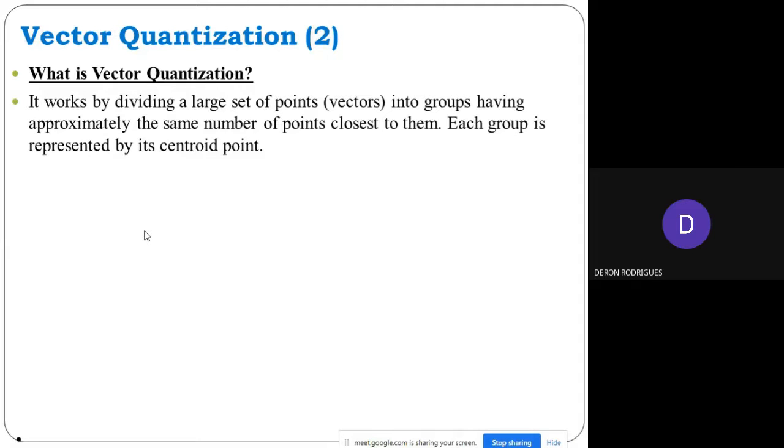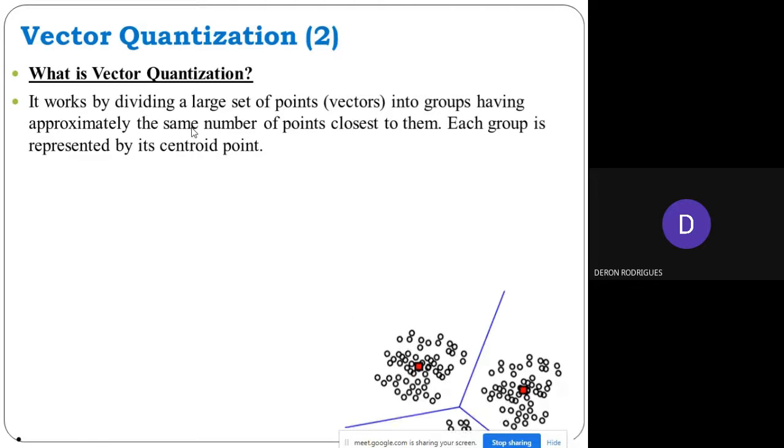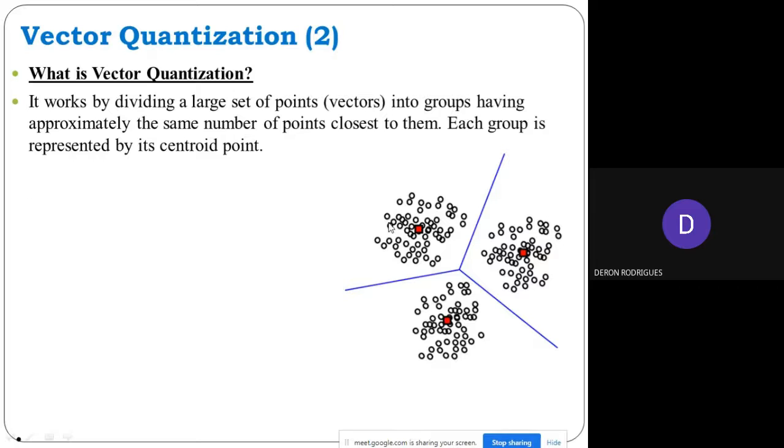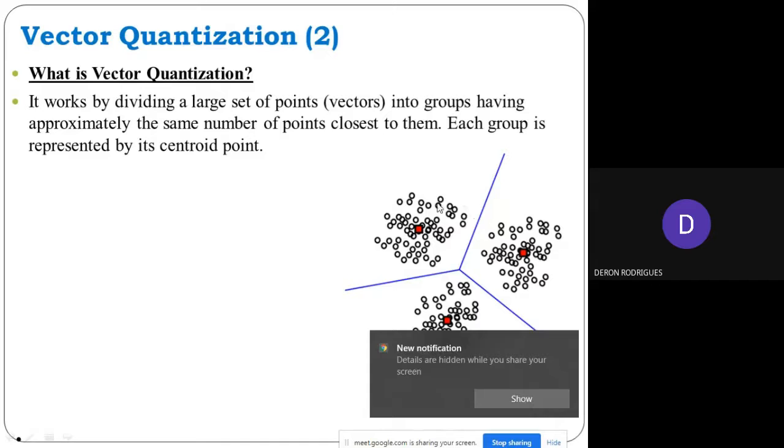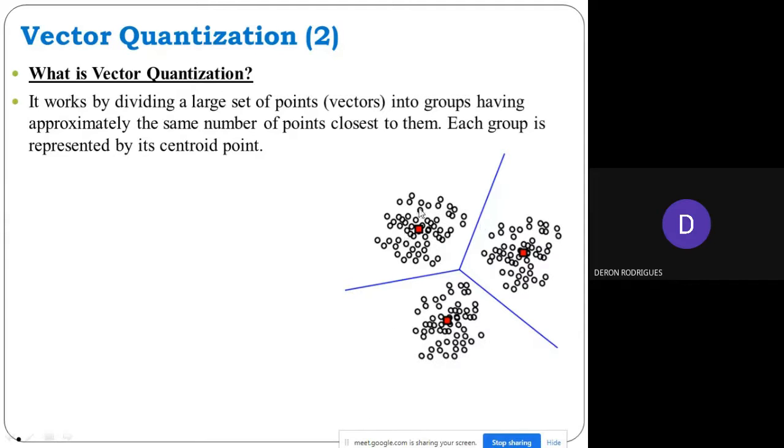So what will be done here is that the vectors in the pattern space will be grouped, approximately, into groups having the same number of points closest to them. It may not always be the case, but each group will be represented by its centroid point. Say, for example, what I have highlighted here are all vectors, in a 2D pattern space.